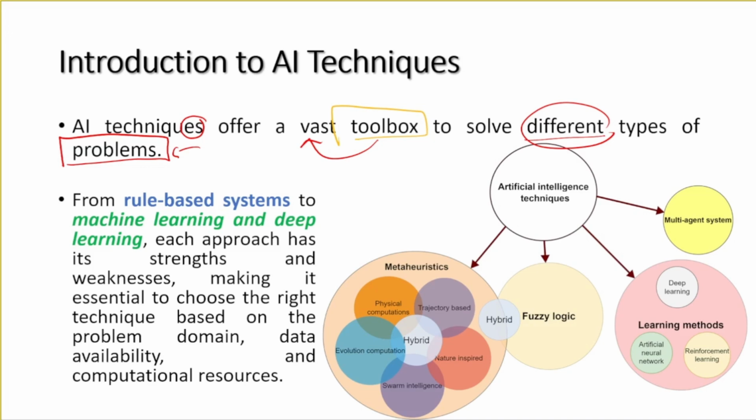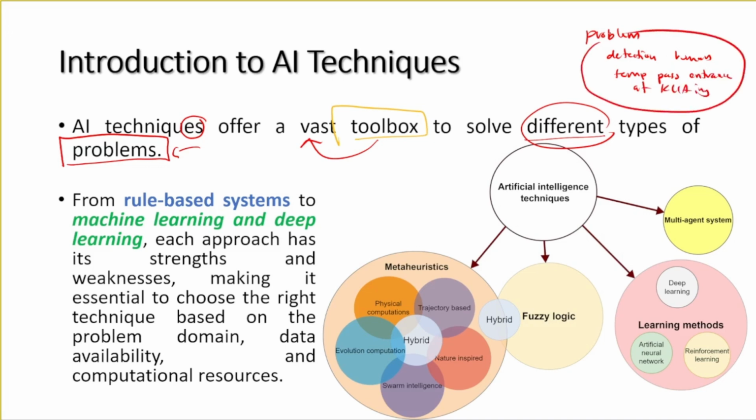So for instance, the problem that we have in hand is detecting human temperature passing the entrance at KLIA immigration. So this is the problem that we have in mind. So the idea is there will be several tasks done by AI. So one thing is you might use thermal imaging.